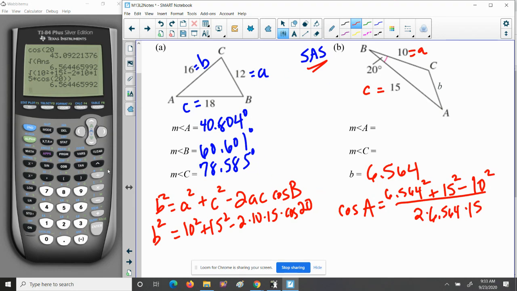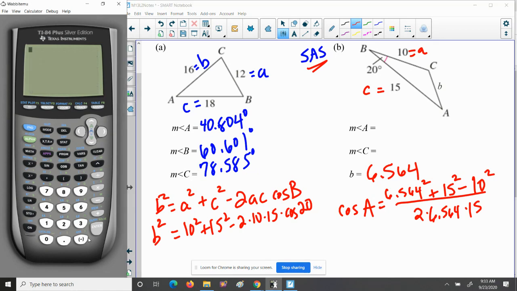Now, let's go over here to our calculator. I'm going to clear it so that we're starting fresh. Let's type this in. Okay, 6.564 squared plus 15 squared minus 10 squared.